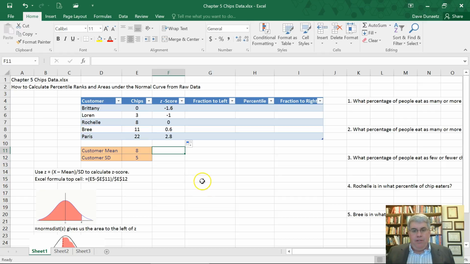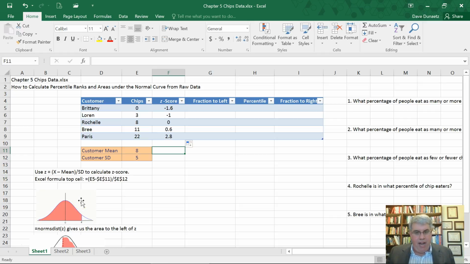Now, in order to understand their percentile rank, we want to understand what percentage is underneath the bell curve to the left of our z-score. So down here we have an illustration of a z distribution, and if we want to know the percentile rank of this z, we would need to know the area, this pink area, everything to the left of it.